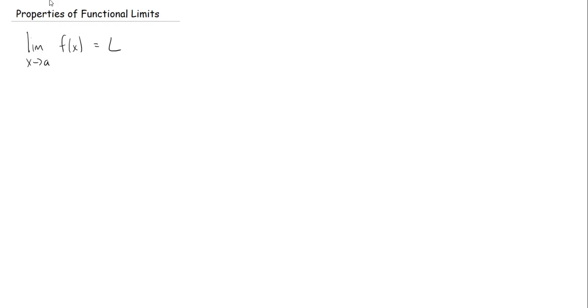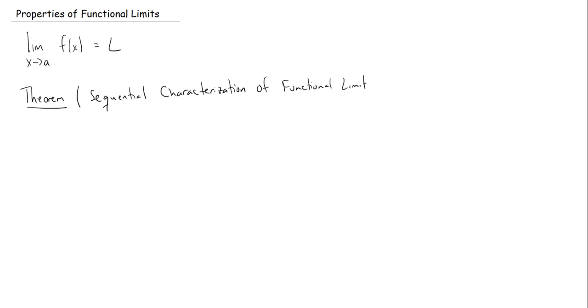Let's write this down as a theorem. This will be the sequential characterization of functional limits. We're always very happy to take things back to functions where we have quite a bit of understanding already. Functional limits, such a long title.